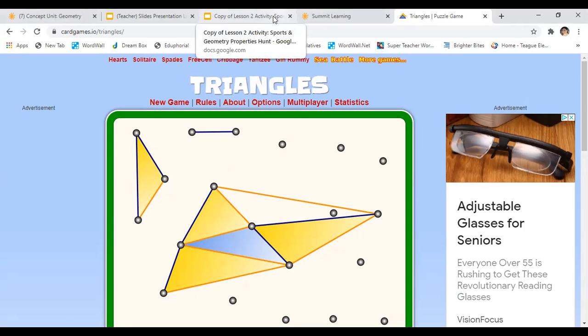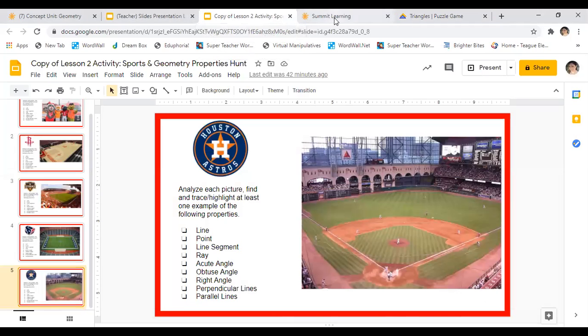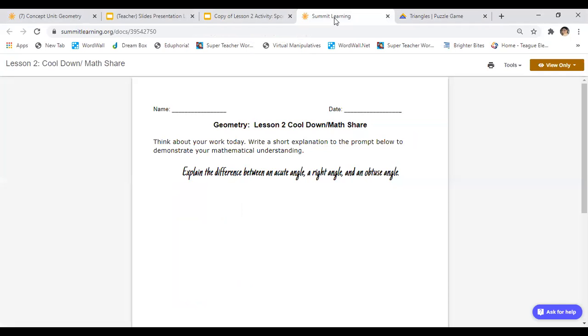Now remember, whenever you do your quick check, which is right here, you're going to be identifying and using words to tell what an acute angle is, a right angle and an obtuse angle. I want you to think about and remember that you look at the angles: exactly 90 degrees, more than 90 degrees, less than 90 degrees, so that you can be successful.